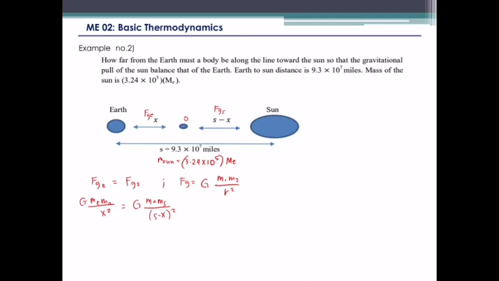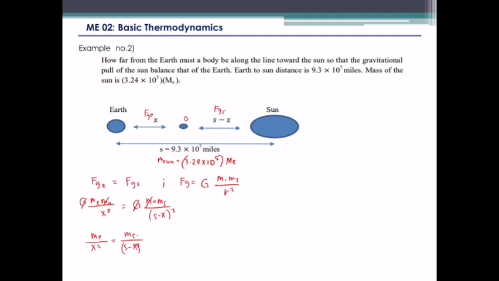Okay, so we can cancel out G, it is common. Also, the mass of the object cancels. So we have this one: ME over x squared is equal to MS over s minus x squared.